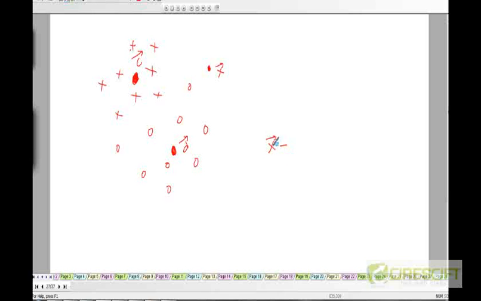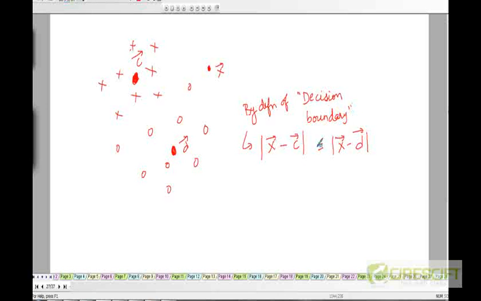By definition, the distance between X and C is the same as the distance between X and D. Do you agree with me? Right? This is by definition, by the definition of a decision boundary. A decision boundary is a boundary where points along the boundary are equidistant from either class.